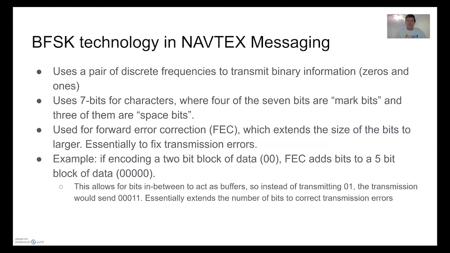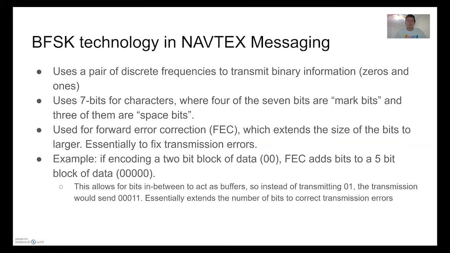So the BFSK technology in NAVTEX messaging uses a pair of discrete frequencies to transmit binary information, zeros and ones if you don't know what binary is. It uses 7 bits for characters, where 4 of the 7 bits are mark bits and 3 of them are space bits. It is used for forward error correction, FEC, which extends the size of the bits to fix transmission errors.